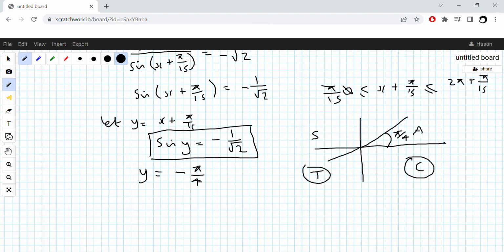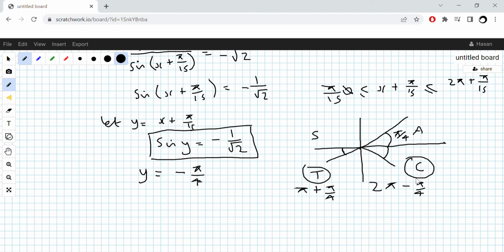To find these angles, what you would have to do is add pi over 4 to 180 degrees, or pi plus pi over 4 to find that, and to find this, that would be 360 minus pi over 4, which is the same as 2 pi minus pi over 4.